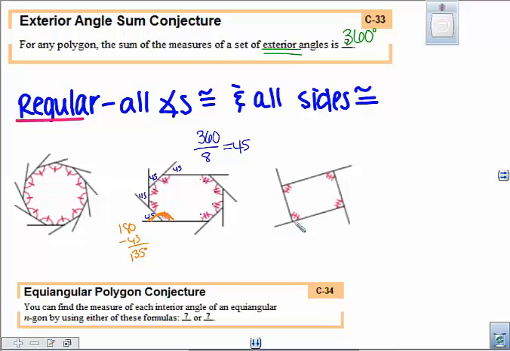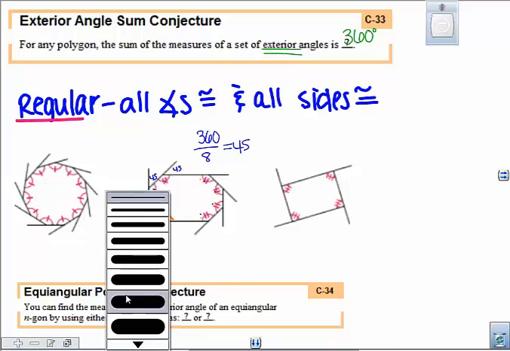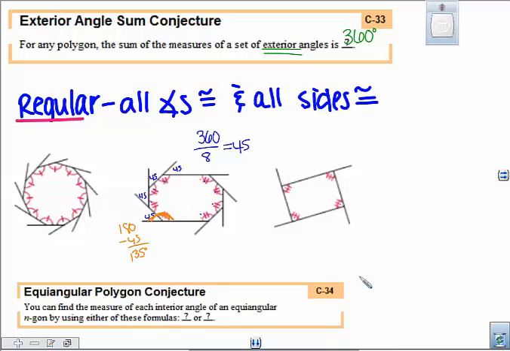Now the rule that you're going to write here says that you can find the measure of each interior angle of an equiangular n-gon by using either of these formulas. So that's either of the ways I just explained. The first one is by taking n minus 2 times 180, getting your total, and then just dividing by n, how many sides there are.